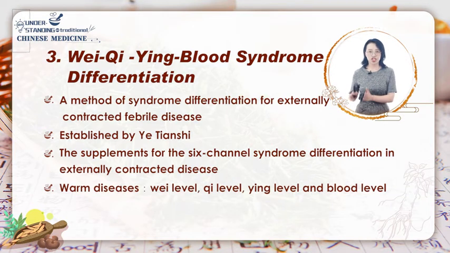Wei level and qi level indicate the earlier and intermediate stages of a warm heat disease, in which there is a violent conflict between the strong healthy qi and the pathogenic factor. The later two levels, ying level and blood level, indicate the medium and later stages when the healthy qi is injured to some extent and the pathogenic factor overwhelms the healthy qi.